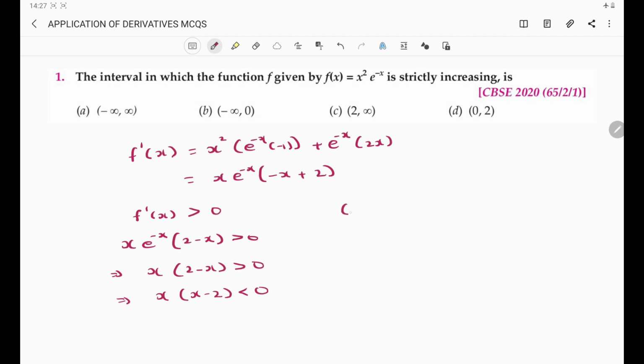Now, we know the identity: if x minus a into x minus b is less than 0, then x belongs to open interval a comma b. Using this identity, we get x belongs to open interval 0 comma 2. So, the right option is option D.